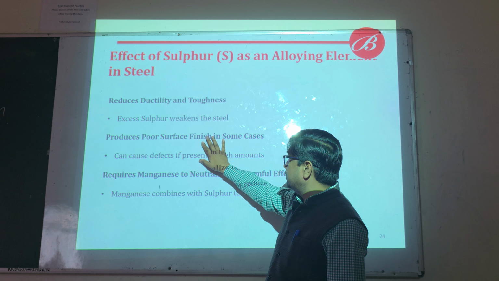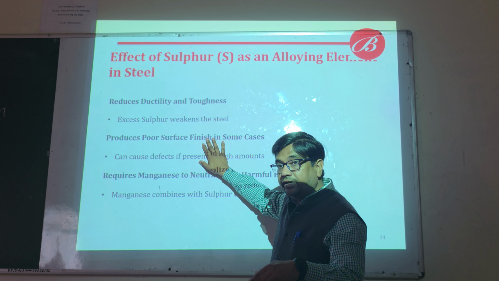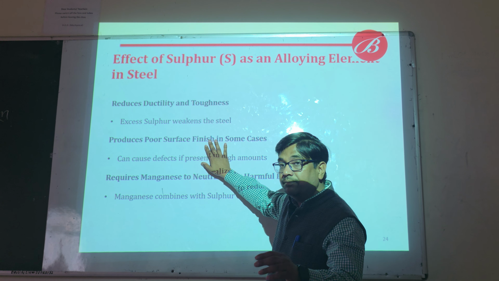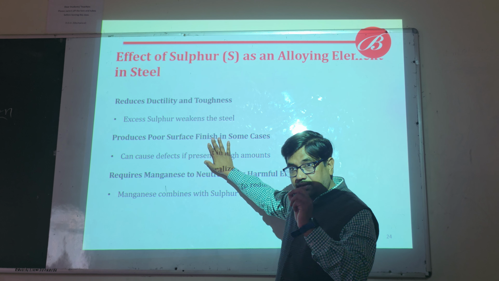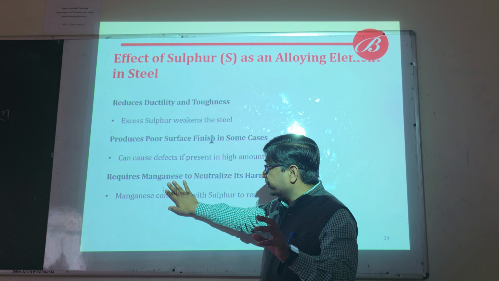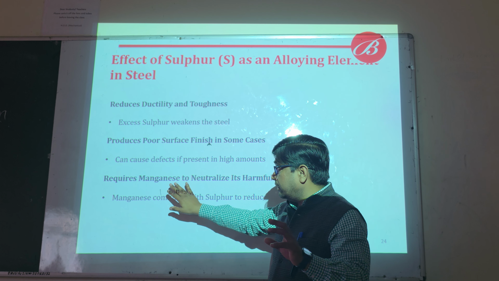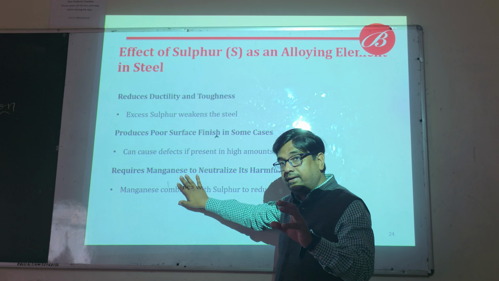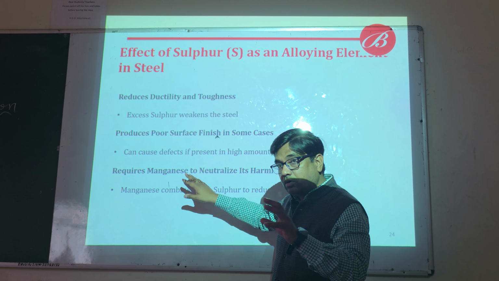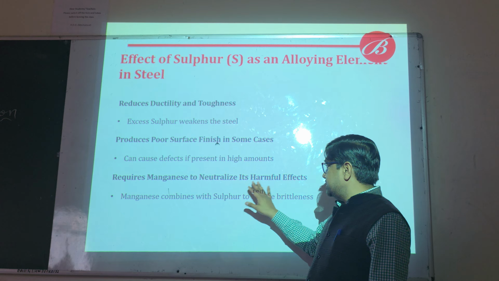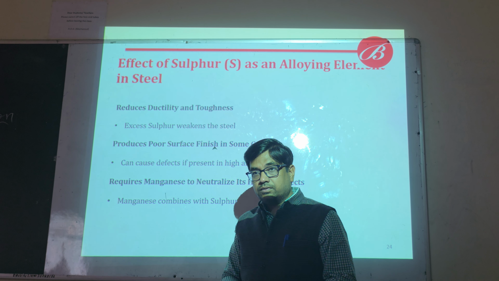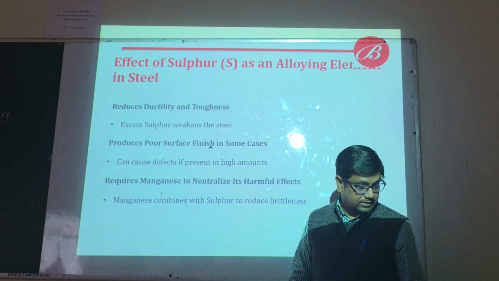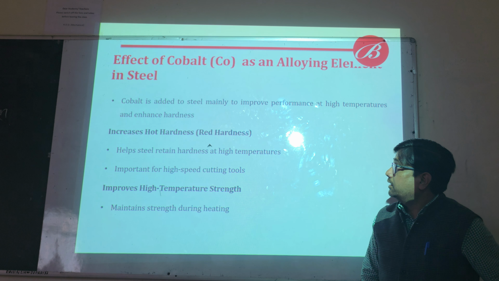It produces a poor surface finish, but still we need it to improve the machinability. So that is why it is added in a small amount, and it requires manganese also. When the sulfur is added, manganese is also added to counterbalance it, to neutralize its harmful effect. So that is why the sulfur is added to the steel.